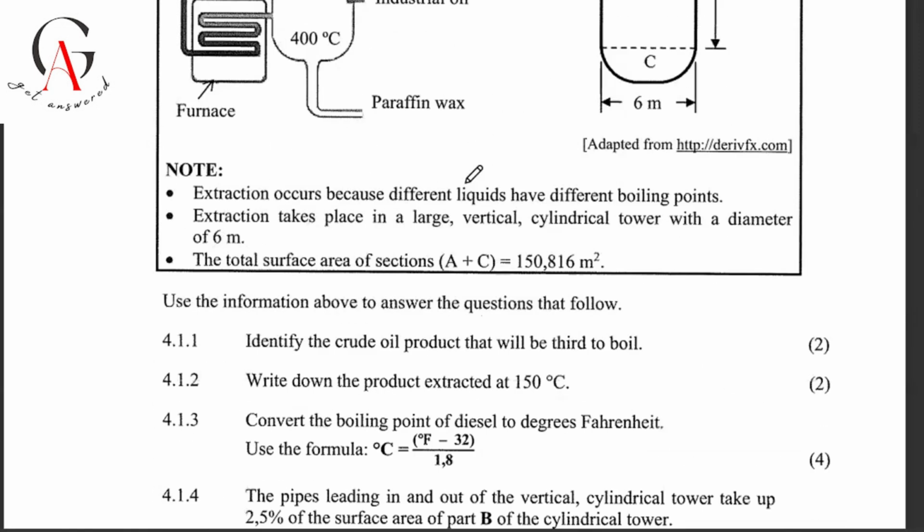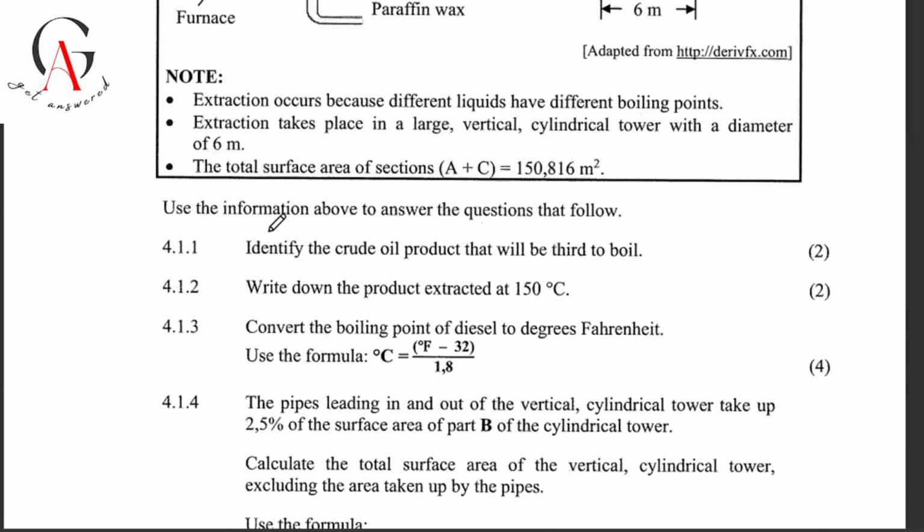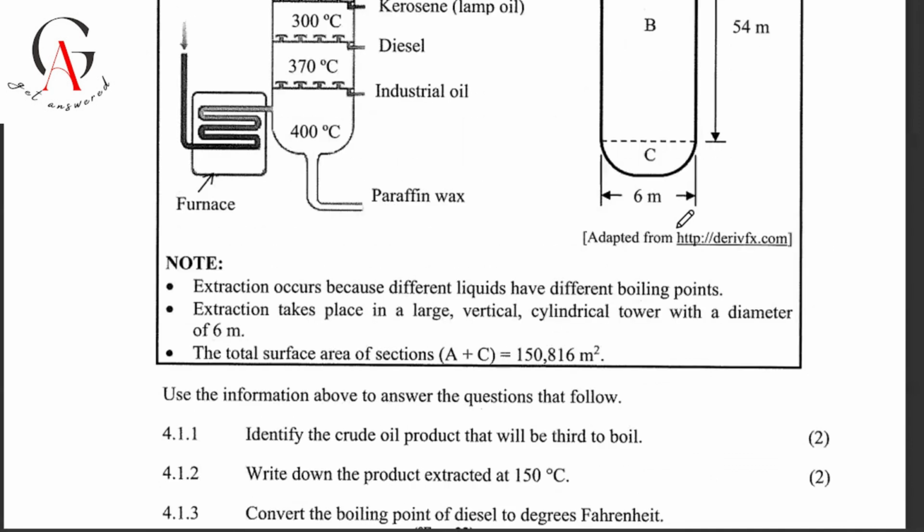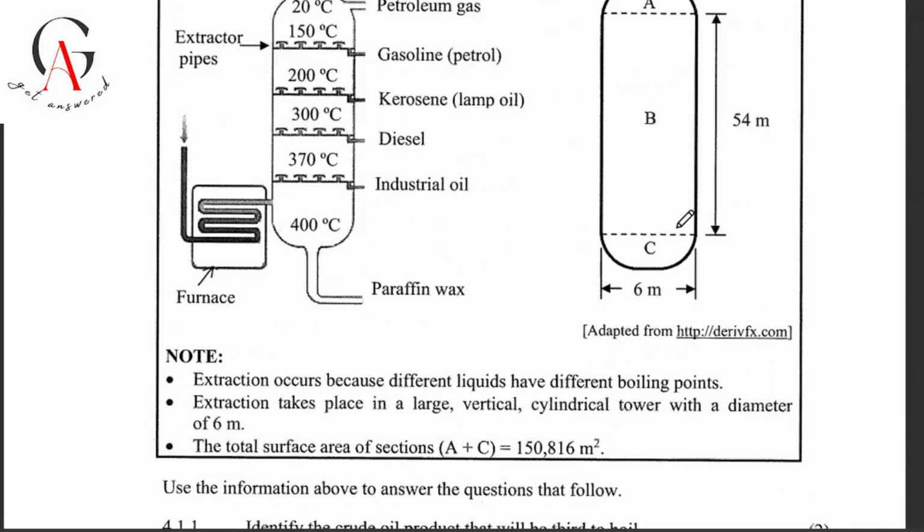So you're saying the extraction and everything is there, you see it, and it says, identify the crude oil product that will be third to boil. So the first one is at 20. This is 1, 2, 3. We can't start at 400 as it goes to 20. Definitely it starts from 20 as it goes up. So now the one at 400 degrees Celsius, this one's the last one.